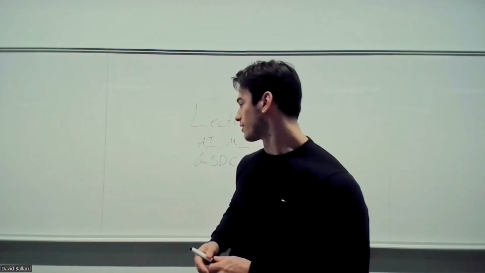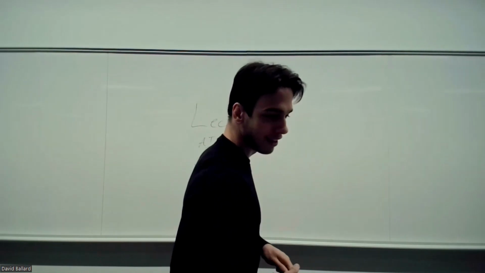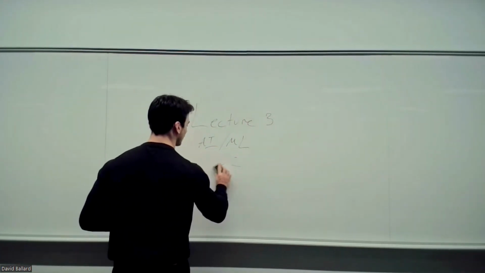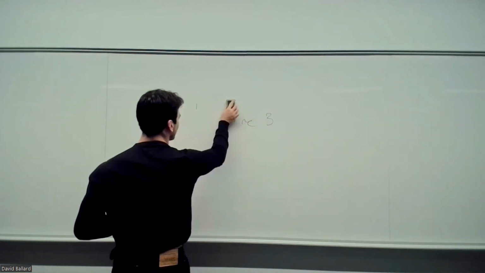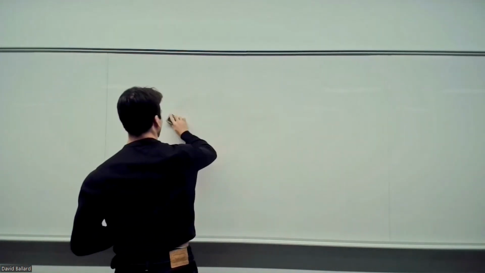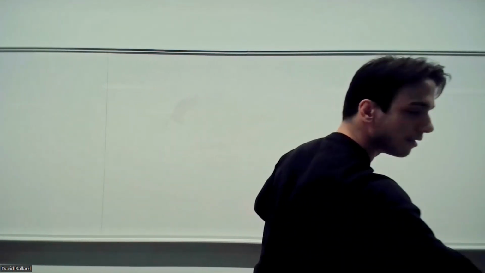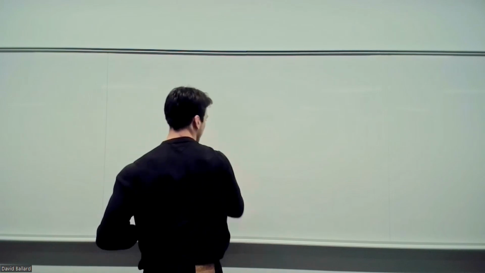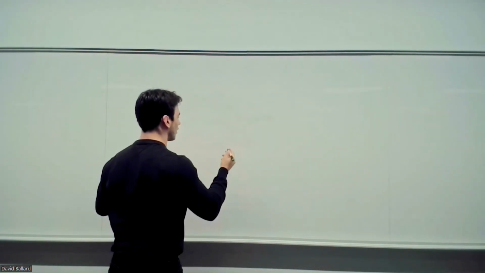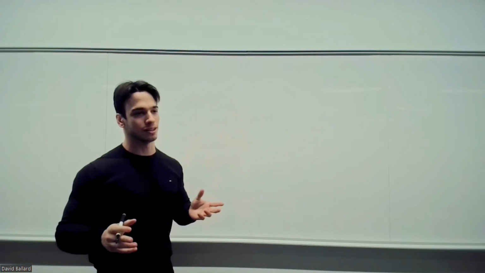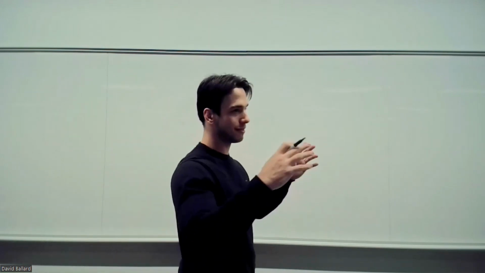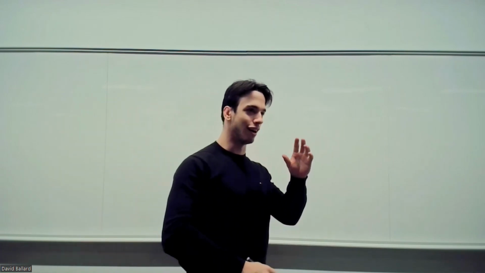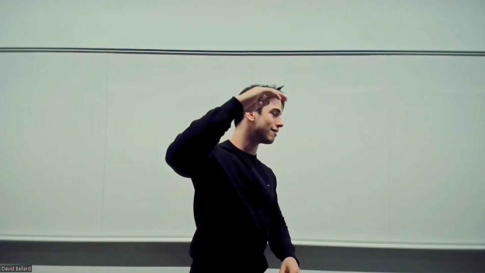So what is gradient descent? I'm going to draw what a loss function could look like. Think of your objective function as a mountain. So it has a bunch of valleys and peaks.